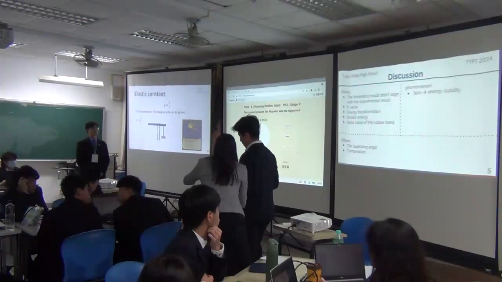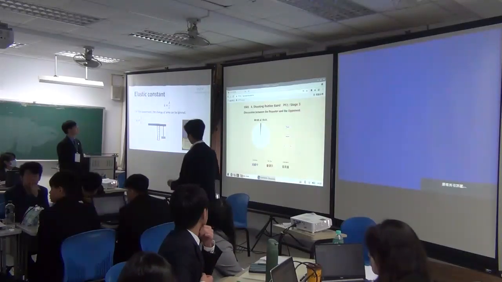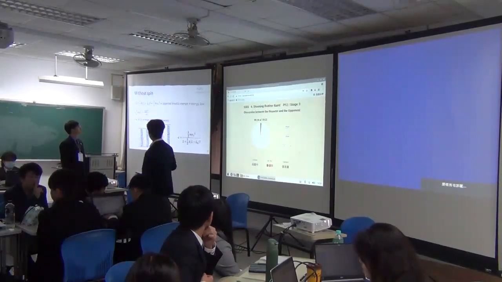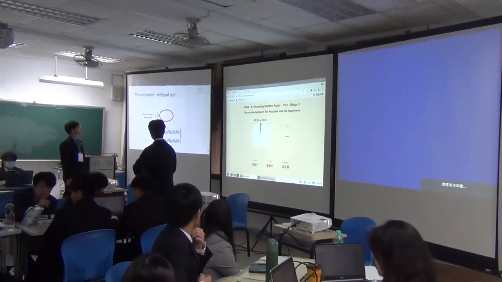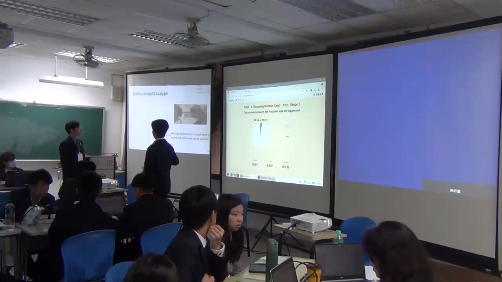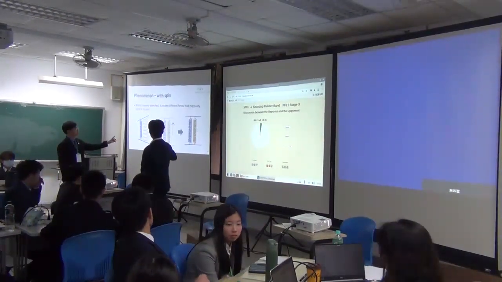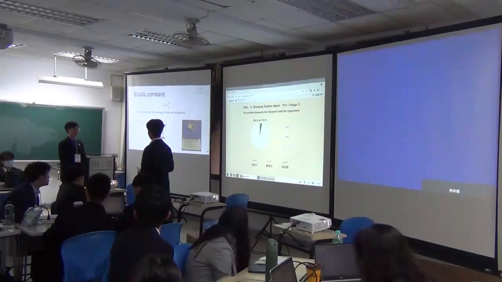I want to ask about the K value of your theory. You have said that K is proportional to the area and the length of the rubber band.